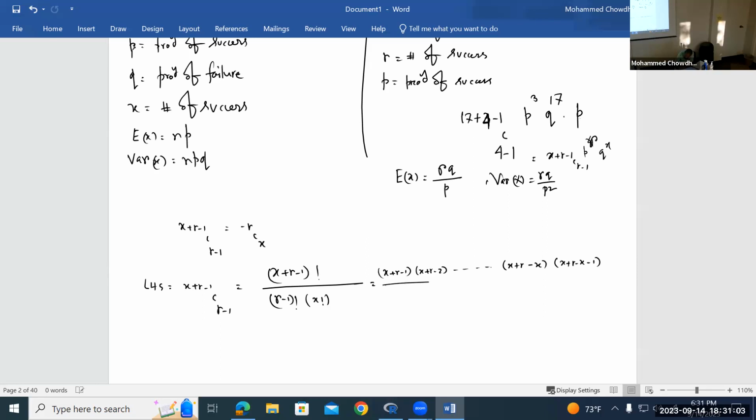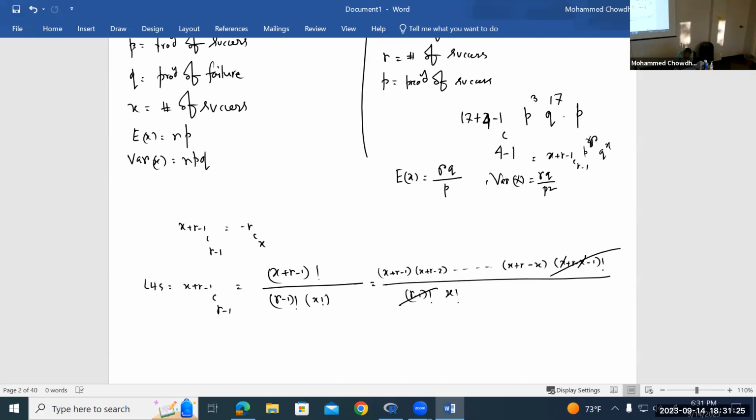We can write it this way. So this x and that x cancel, and here we can write r minus 1 factorial and x factorial. Now these things and those cancel out. Here we can also cancel x and x, and then it is r.